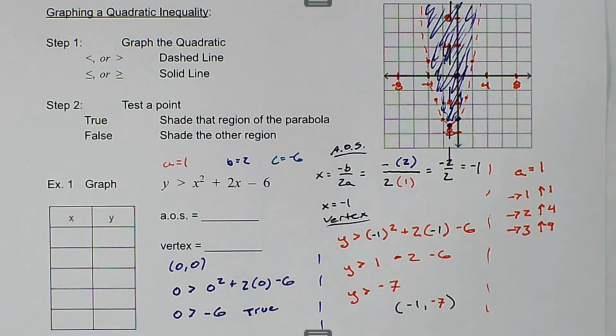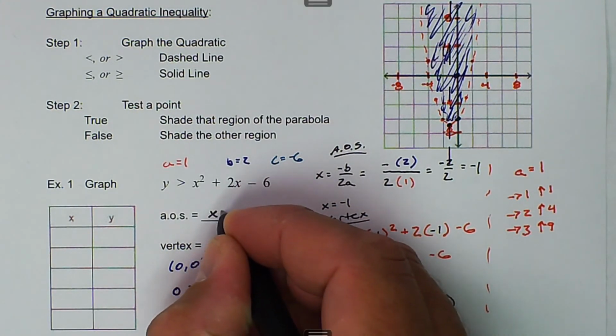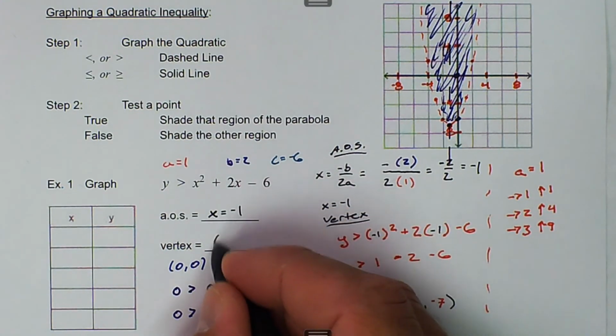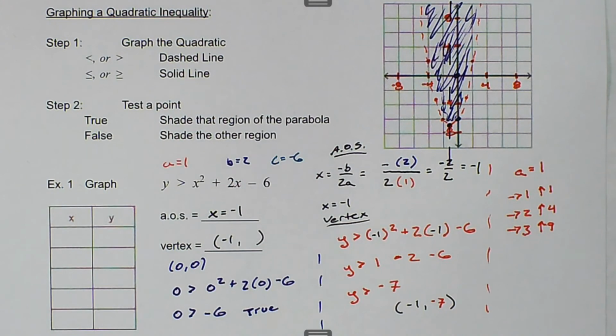So our axis of symmetry was x equals negative 1. Our vertex was negative 1, negative 7.